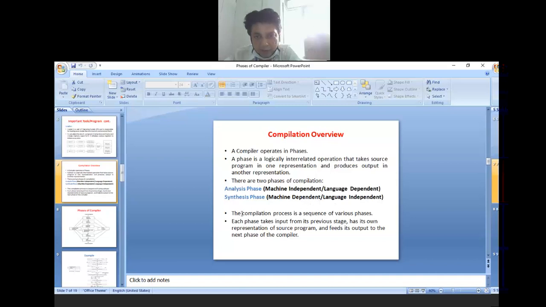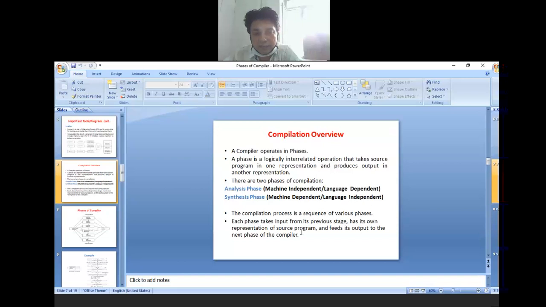So the compilation process is a sequence of various phases. There are basically six phases in the compiler, and each phase takes input from its previous stage, has its own representation of source code, and feeds its output to the next phase of the compiler.